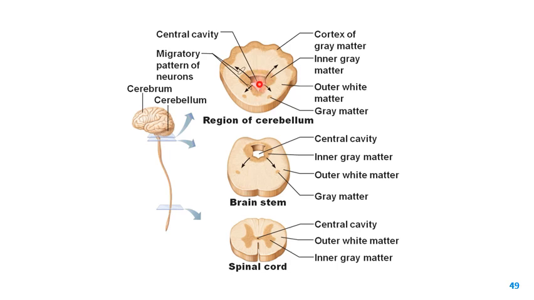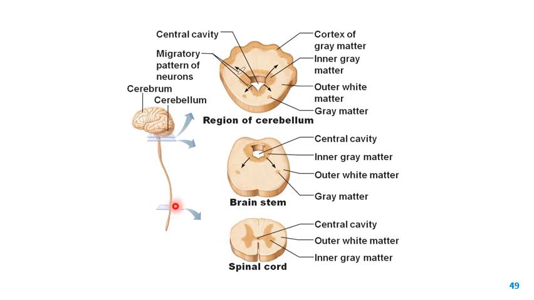So this ventricle here is surrounded by gray matter. But as you go down in the spinal cord, that opening becomes smaller. So the ventricle is called the central cavity, and still you're having cerebrospinal fluid that is going through that, right? And still you're having some gray matter on the surrounding.